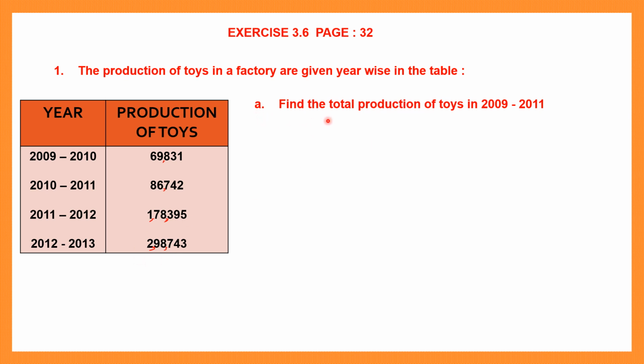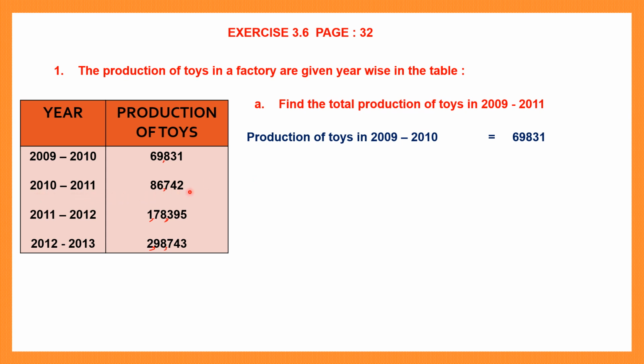Now what is our question? Question A, find the total production of toys in 2009 to 2011. So 2009 to 2010 is here, then 2010 to 2011. We need to find out between these years. So let's begin with our statements. Production of toys in 2009-2010 is what we have to write first, and that is 69,831.